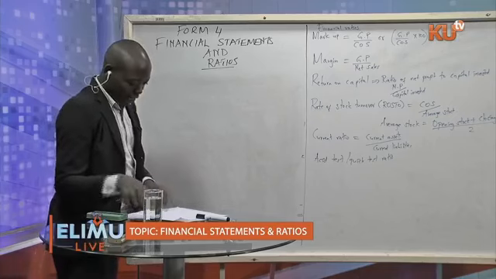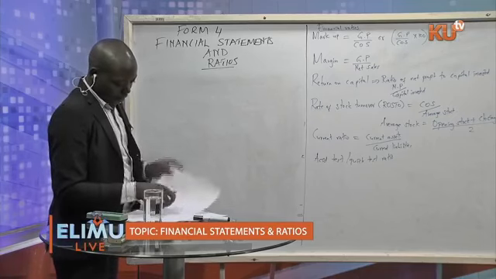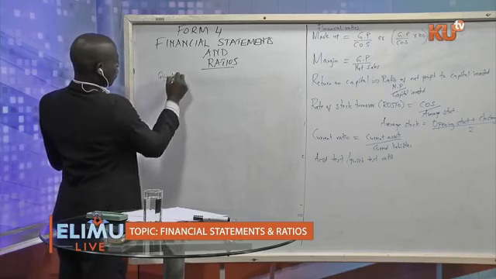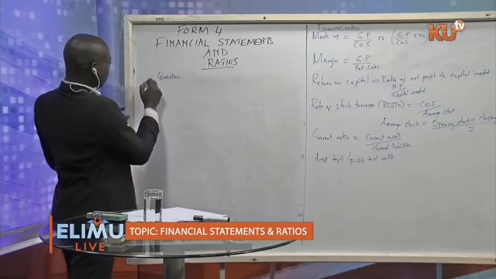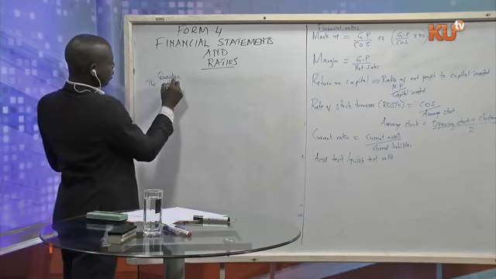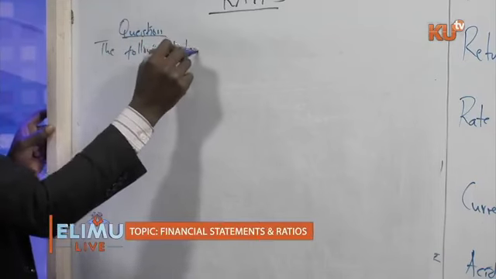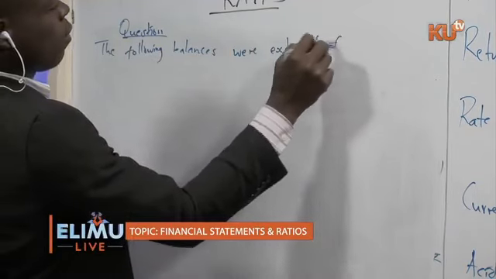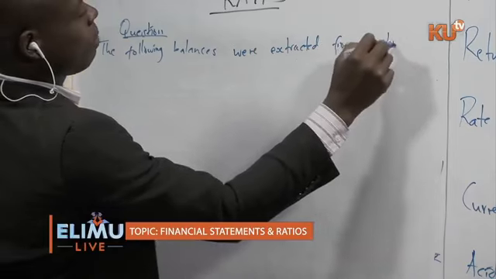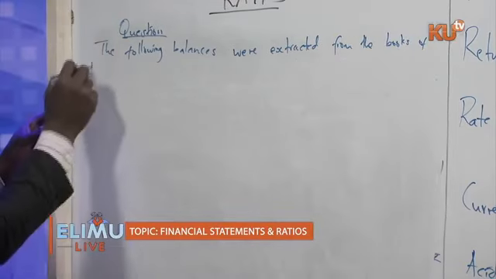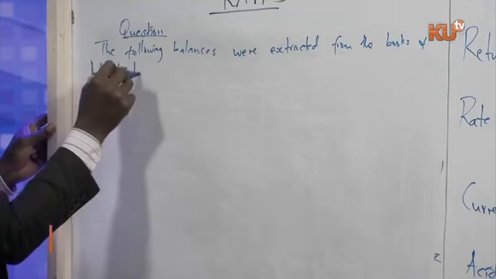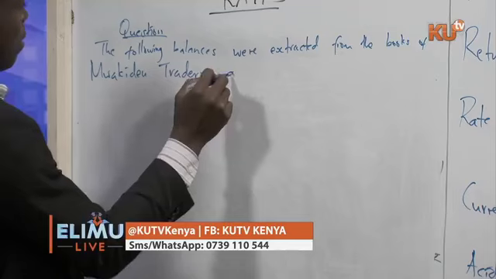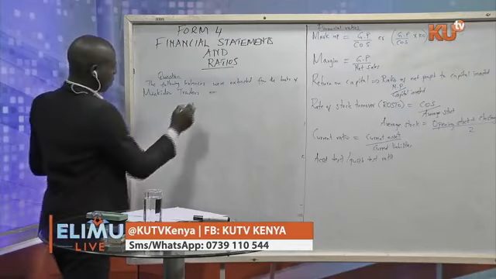Our question then, we will take a look at one question. We are told that the following balances were extracted from the books of Mwakideu traders.